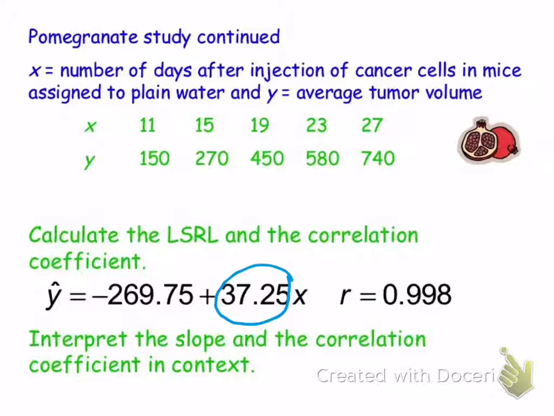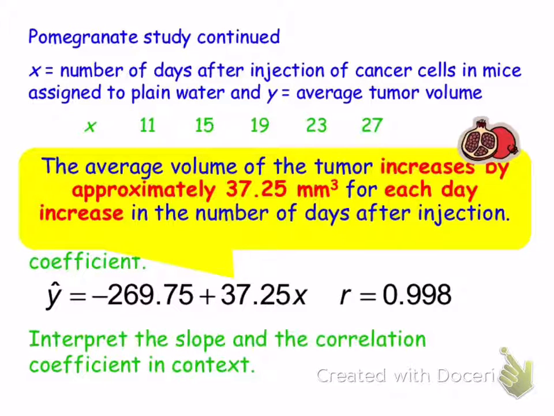So for every increase of 1 day after injection, the Y, so the average tumor volume, is increasing by how much? 37.25 millimeters cubed. Good. Millimeters cubed because it's volume.